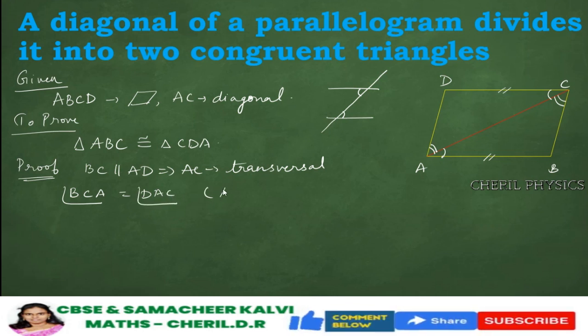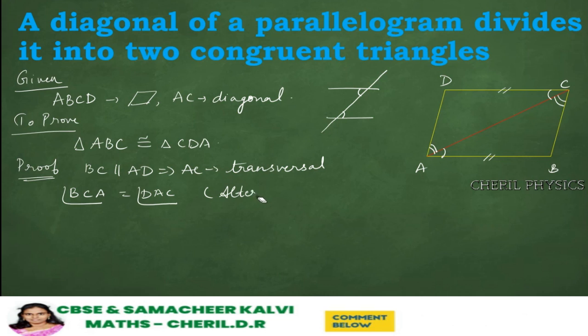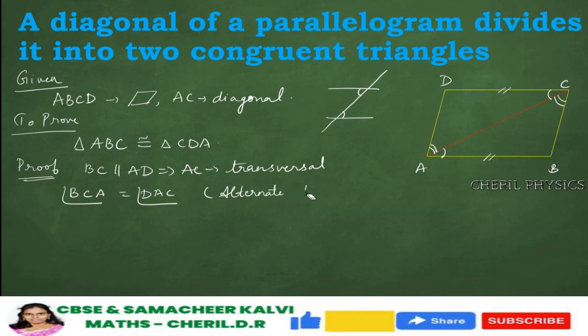They are a pair of alternate angles, that is, alternate interior angles. Similarly we are going to say about the other two angles.